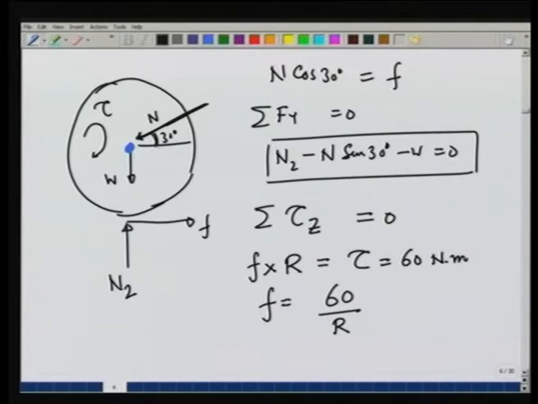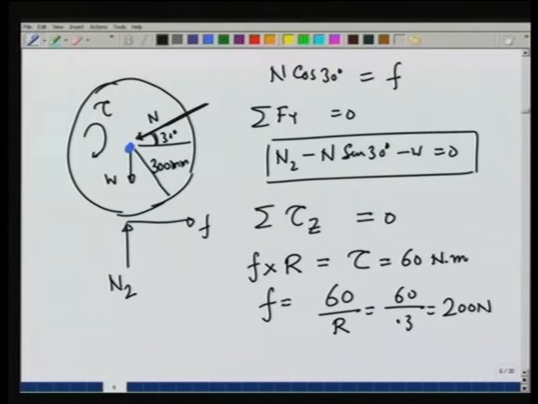The radius r is given to be 300 millimeters. Here we will write this in meters. So, this is going to be 60 over 0.3 is equal to 200 newtons.